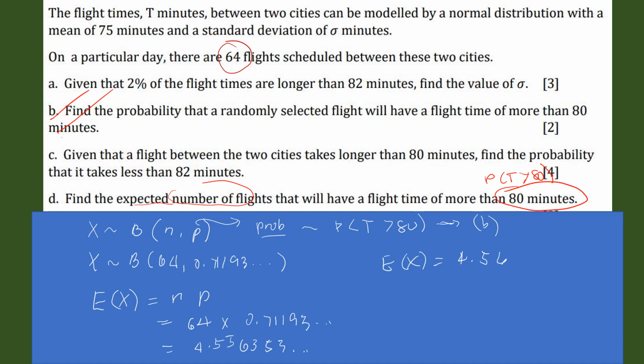In reality, since it's discrete, normally we'll just say around 5 flights, but this requires 3 sig fig, so let us keep our answer this way. In most of the exams given, they write the answer in 3 sig fig.